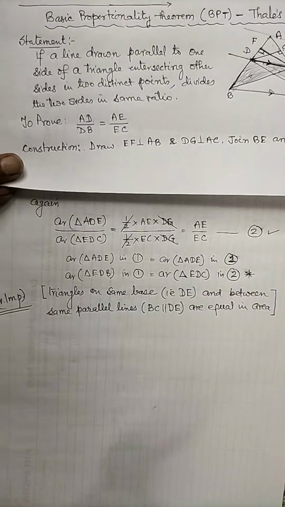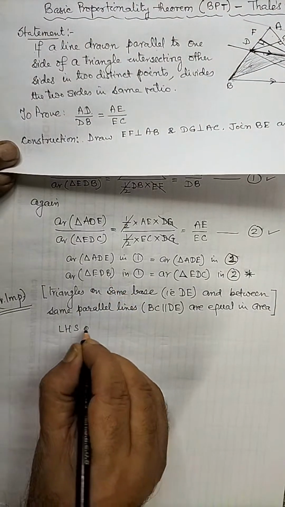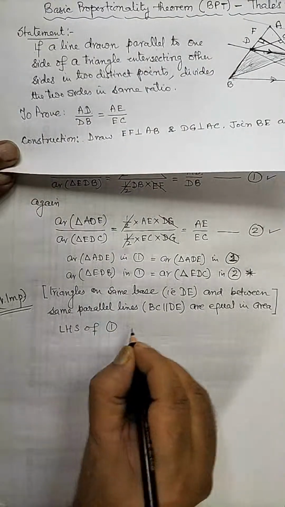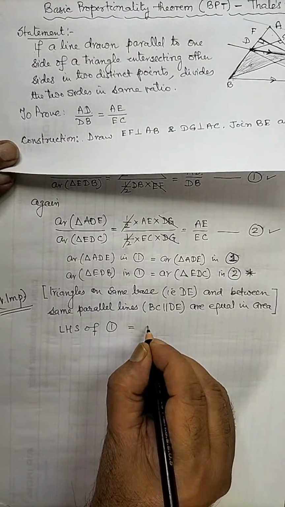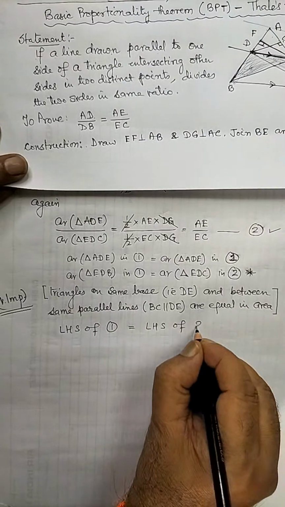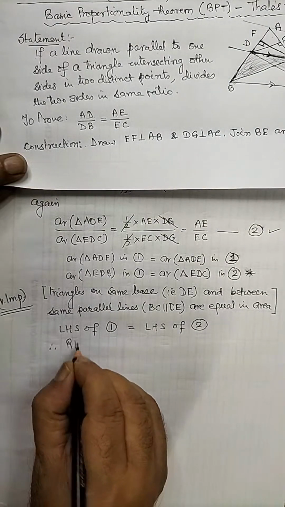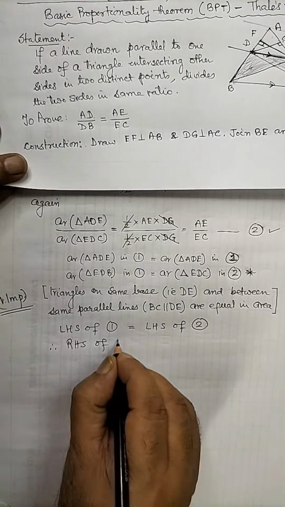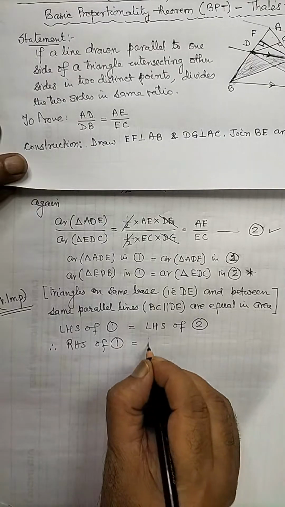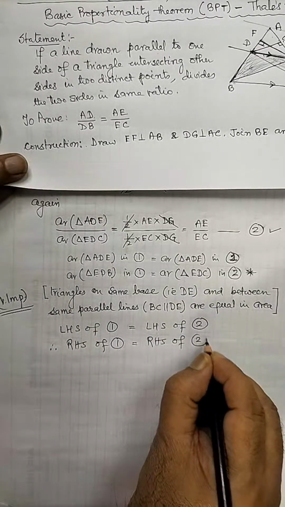So we can say that left hand side of 1 is equal to left hand side of second relation. Therefore, right hand side of first relation should also be equal to right hand side of second relation.